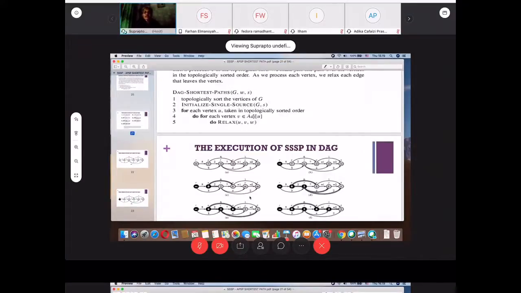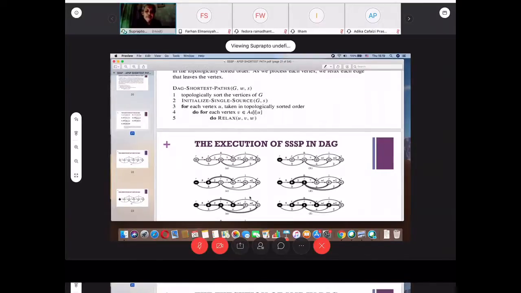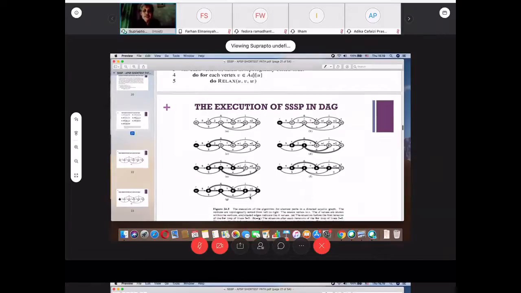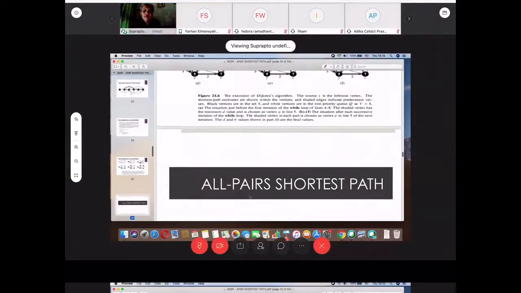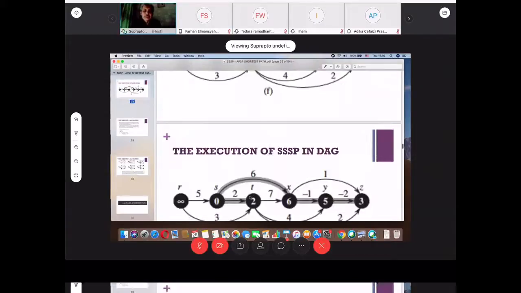And in the DFS, there may be several sources used to discover all vertices in the graph. And there is no rule to determine which vertex will be chosen first. So the result is not unique in this case, right?